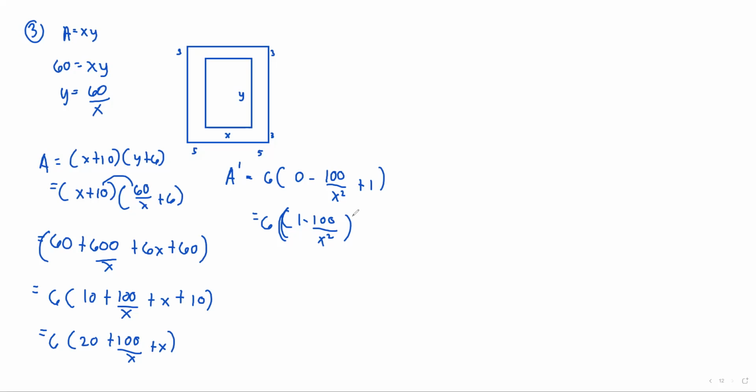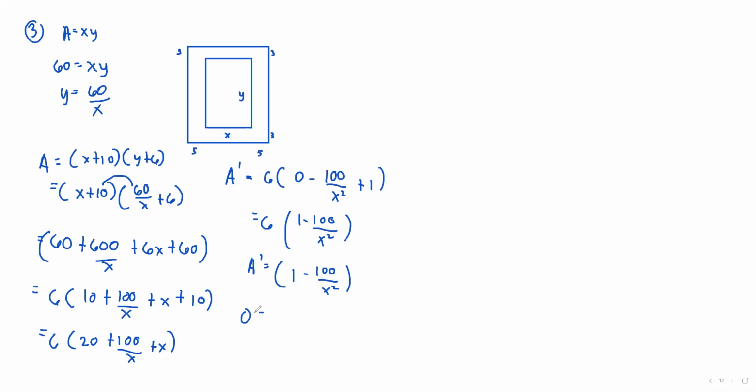Okay, so ayan na yung working equation natin, di ba? Kahit ilagay natin yung value ng 6 dito, walang mangyayari. So let's say A prime is equals to 1 minus 100 over X squared. Next, let's say A prime is equals to 0, to get the critical numbers.